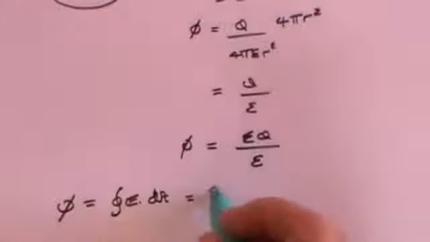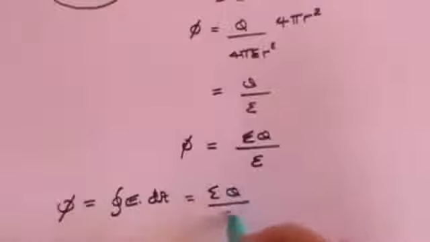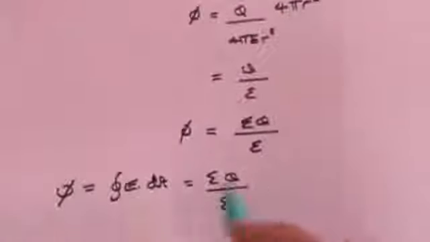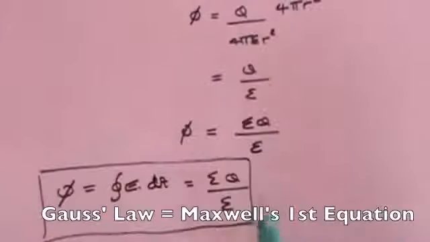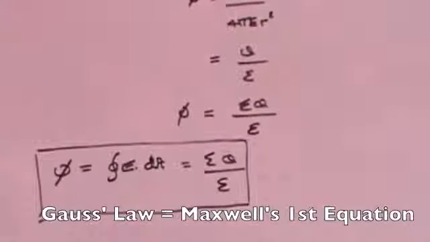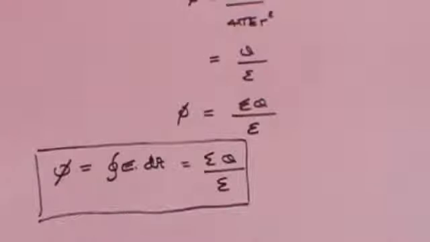That means over the whole surface of the sphere, it is equal to sigma q over epsilon. And that is known as Gauss's law, and it's also Maxwell's first law. So Maxwell actually borrowed, as we shall see, 3 of his 4 laws from other people. This is the first, and it's Gauss's law.